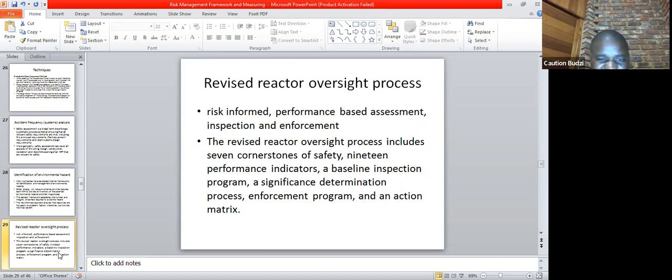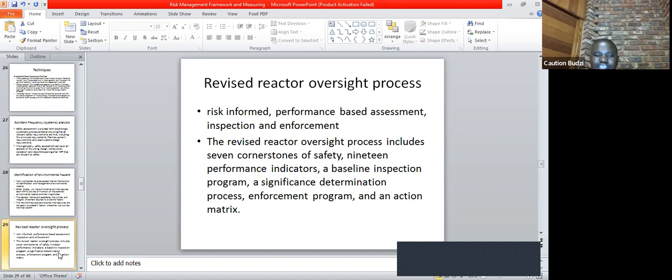So there should be periodic assessment, reviews, and inspection of the reactors to see if they are functioning in a proper way. The revised reactor oversight process includes 7 cornerstones of SAFEIT, 19 performance indicators, a baseline inspection program, a significance determination process, enforcement program, and an action matrix.